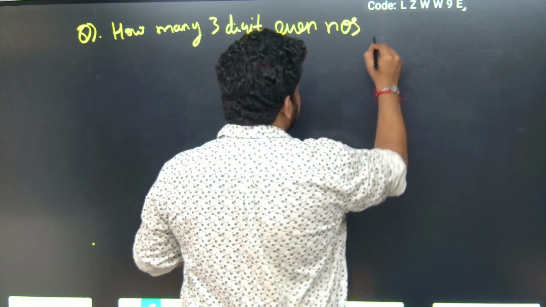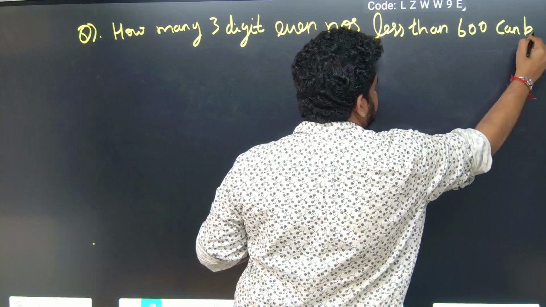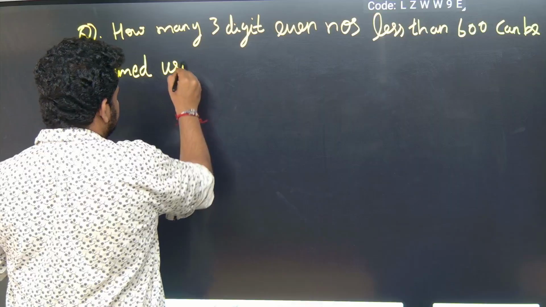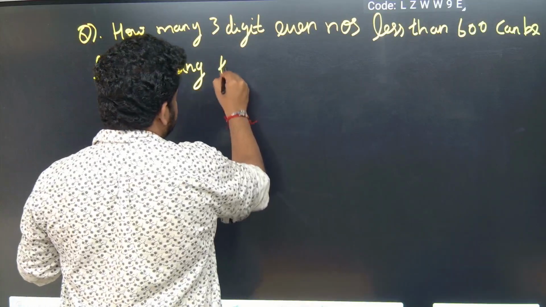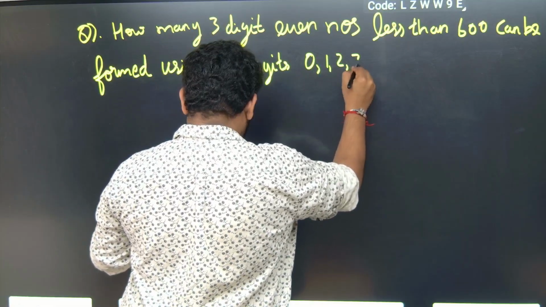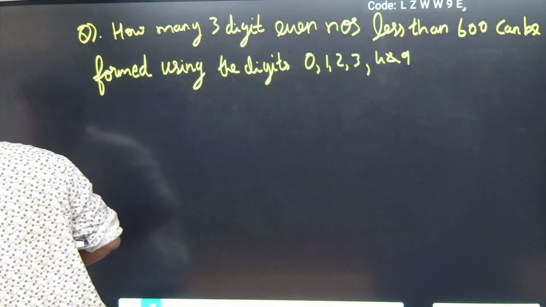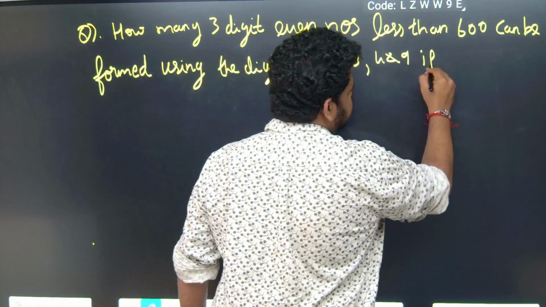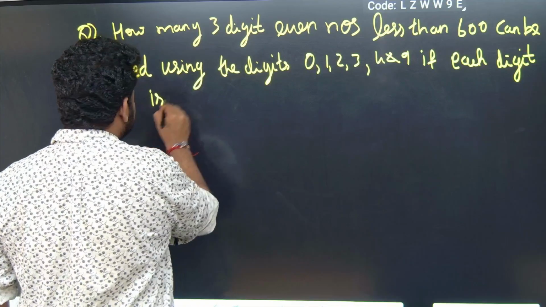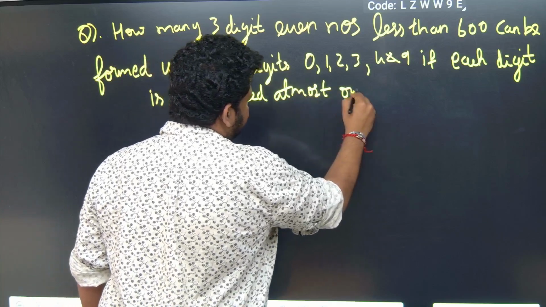How many 3 digit even numbers less than 600 can be formed using the digits 0, 1, 2, 3, 4 and 9, if each digit is to be used at most once. So this is the question.